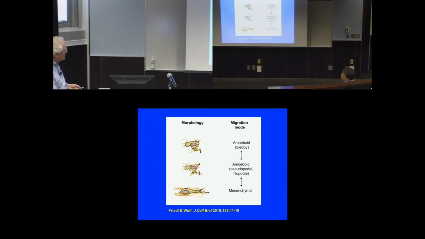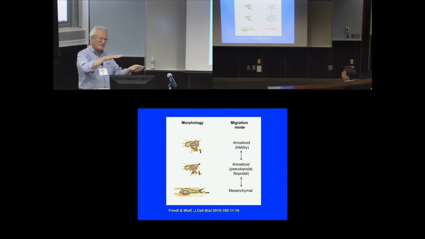And then there's an amoeboid pseudopodial, filopodial type that actually does extend lamella and grab onto filaments, some sort of hybrid of these two mechanisms. And then there's the mesenchymal or fibroblastic form where the cells are actually tracking via integrin and other adhesions along filaments in the extracellular matrix.